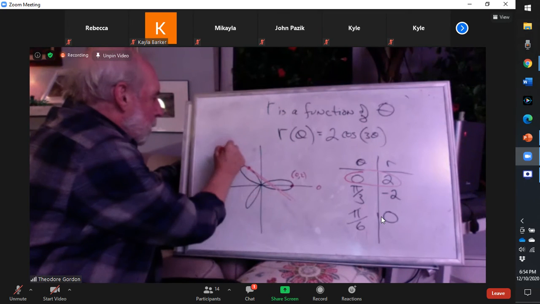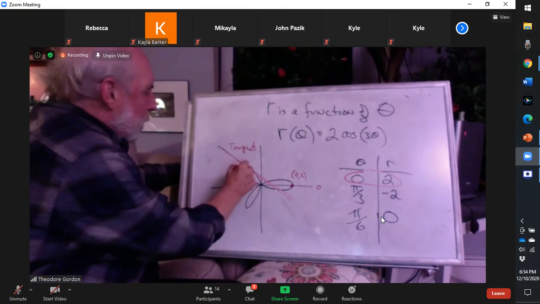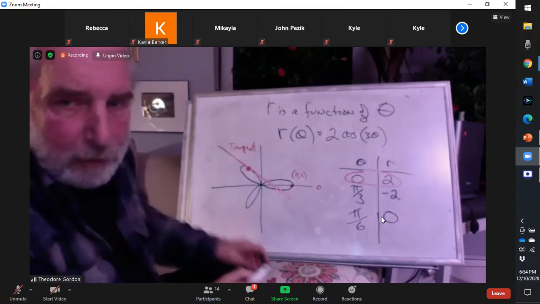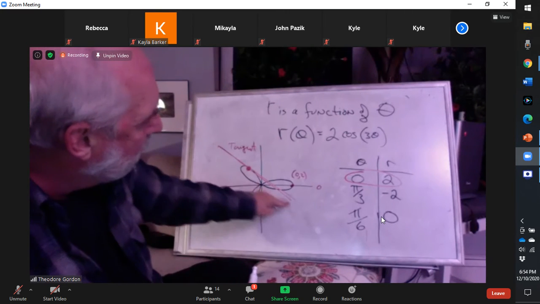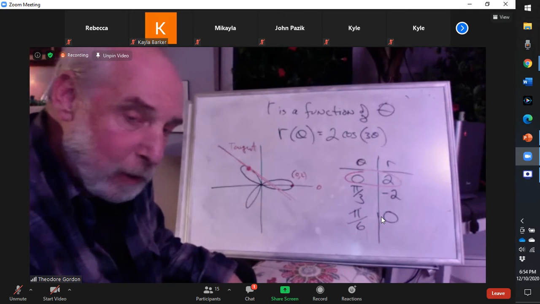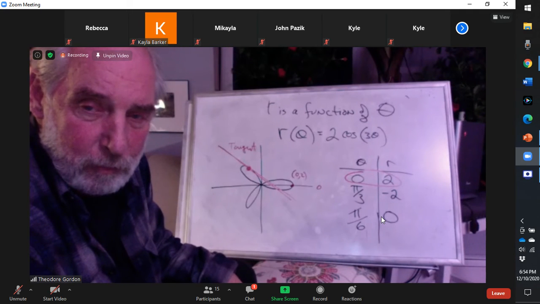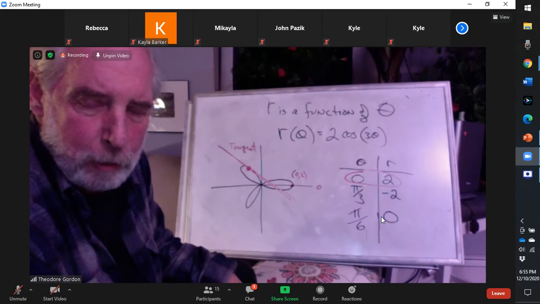At this point on this graph, we have a tangent line, and we're going to come up with the slope of that tangent line. To do the slope of a tangent line requires what? How do we find the slope? Derivative?